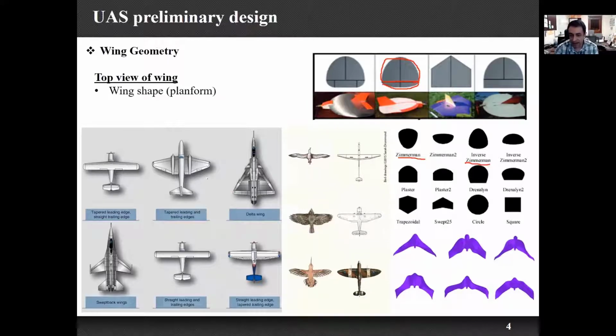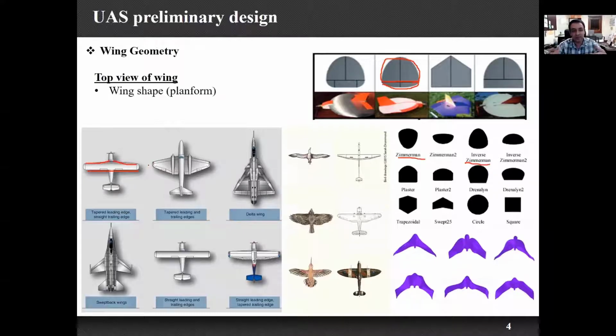Here, these are the different wing shapes for airplanes. This is a taper at the leading edge, straight at the trailing edge. This is the leading edge, and this part is the trailing edge. This is a taper in the leading and in the trailing edge.